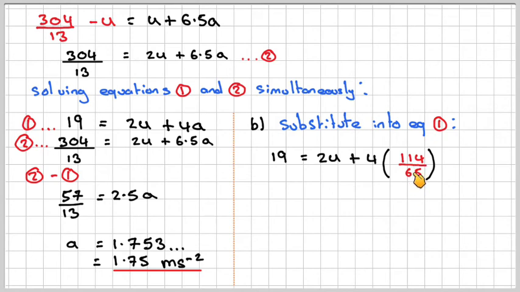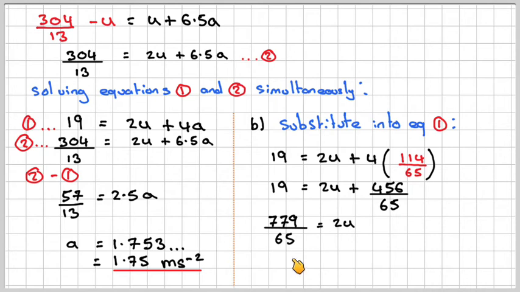You can use the S to D button on your calculator. That gives 19 is equal to 2u plus 456 over 65. Then 779 over 65 is 2u, and that will give that u is 5.992, which we'll call 6 meters per second.